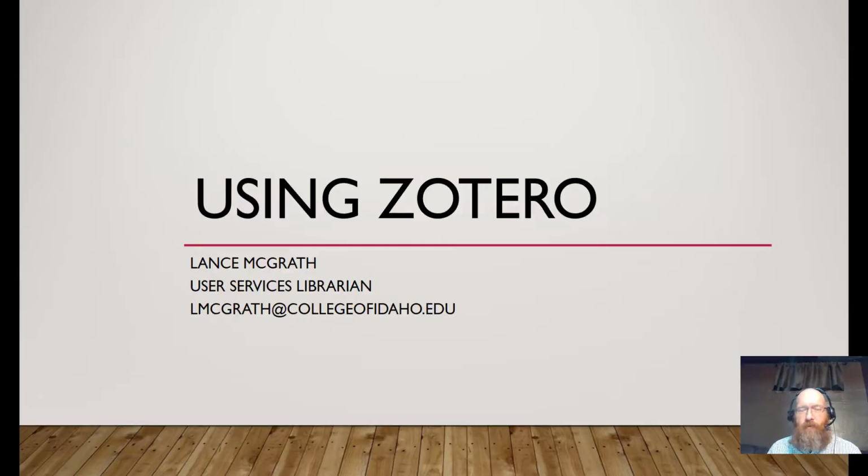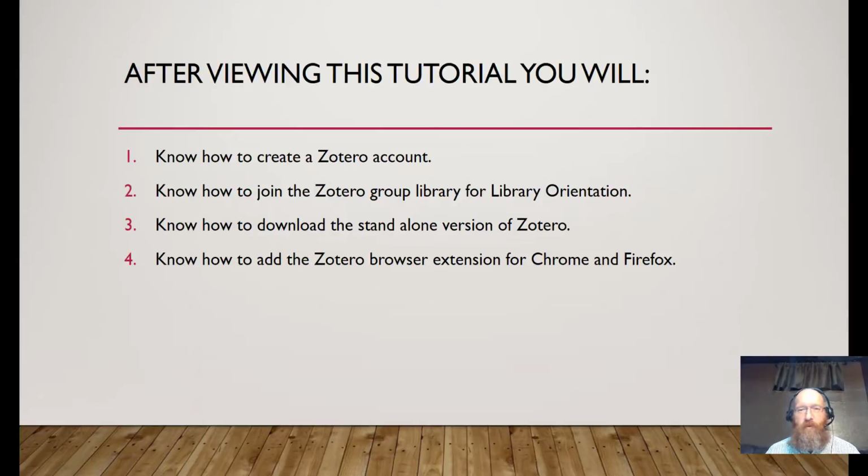I want to talk to you today about Zotero, which is an online and standalone bibliographic management tool, and we will be using that as part of the library orientation, the Build a Bibliography module.